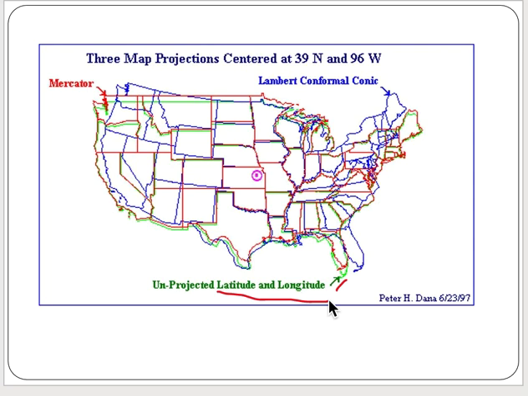And this is also known as the geographic coordinate system. And then we have the Mercator, which is the red projection, and the Lambert conformal conic, which is the blue projection. So you can see the difference of these different types of projections and the unprojected.